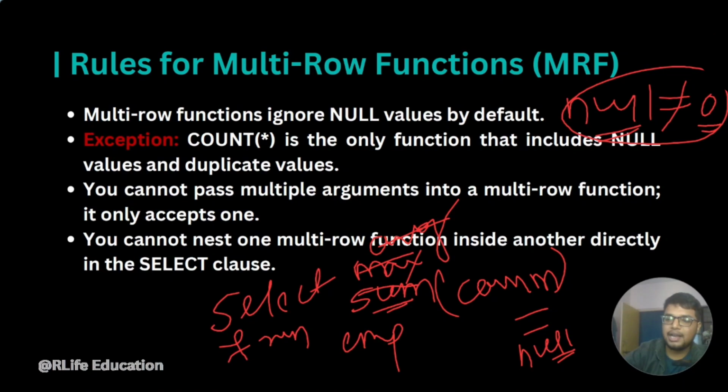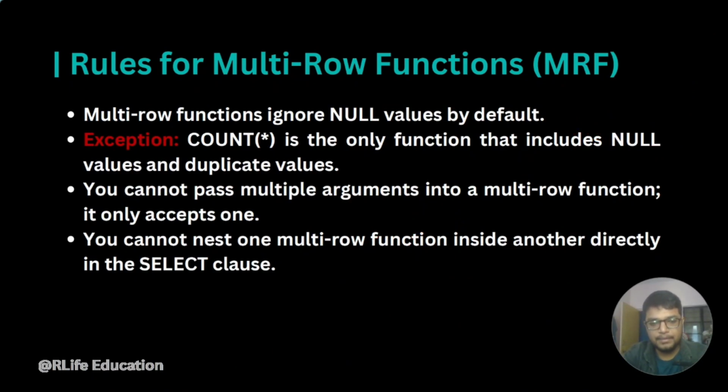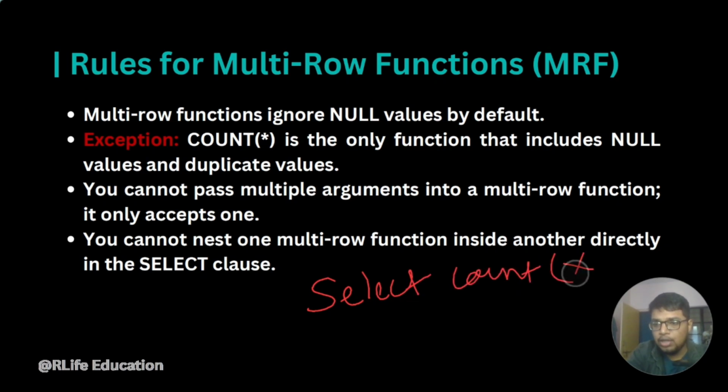But I'm not able to use count here. Why? Because count takes only an asterisk as its argument. Count is for returning an integer value to count how many records are present. We are not able to pass this type of argument to count. So how can we do that? If we have to find how many employee records are present in my employee table, we simply write select count of asterisk.